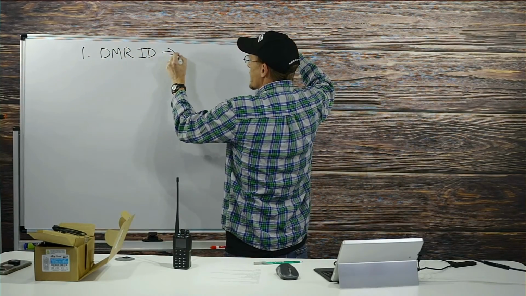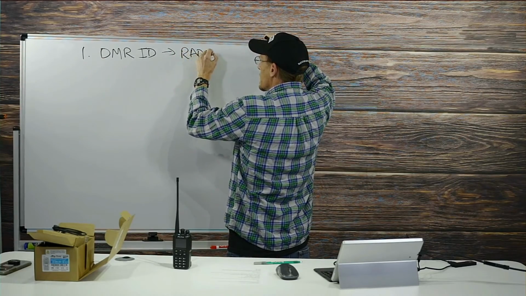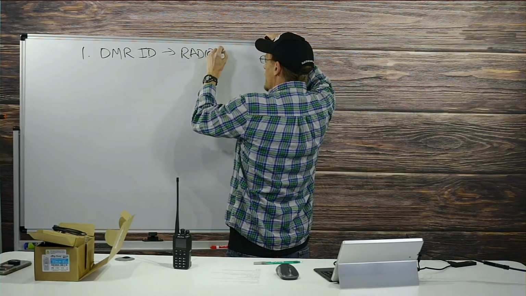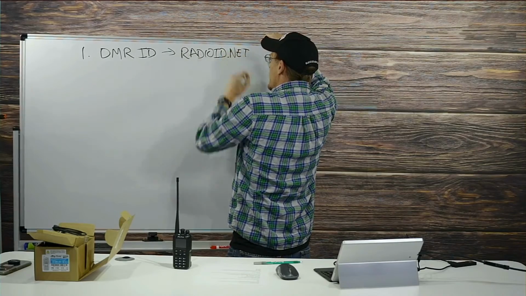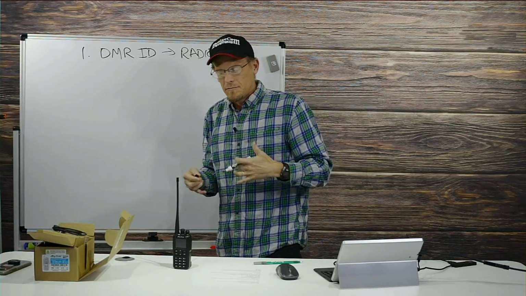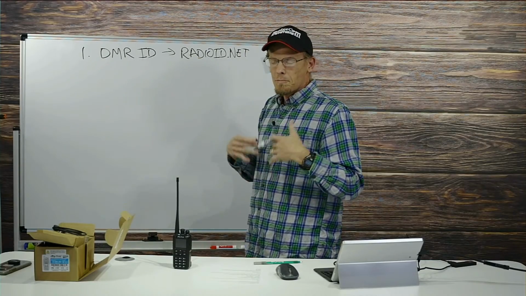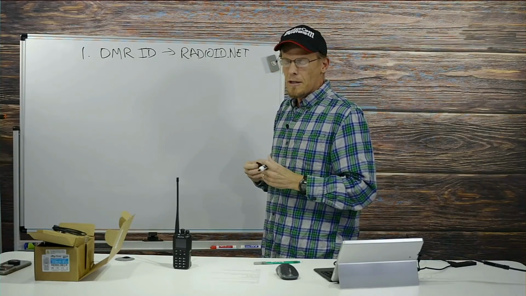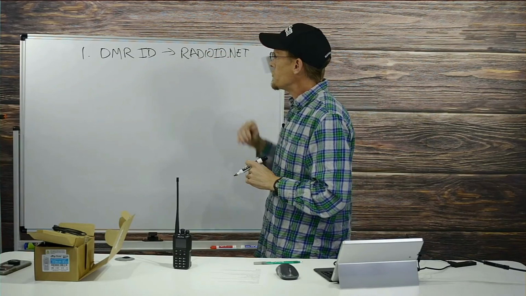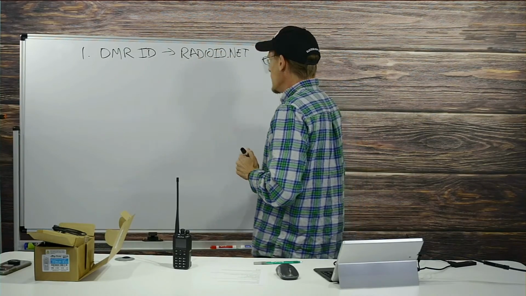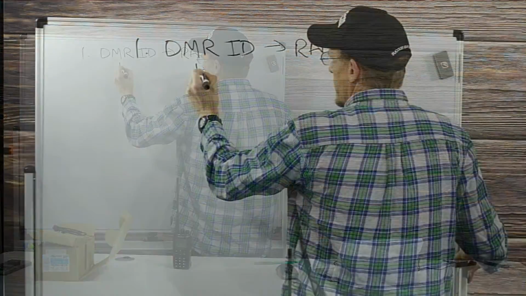Well, you go to a website called radioid.net. There's a guy there named Glenn, an awesome fella. You submit your credentials, basically proof that you have an amateur radio call sign, and he will issue you a DMR ID. So that's the first step.